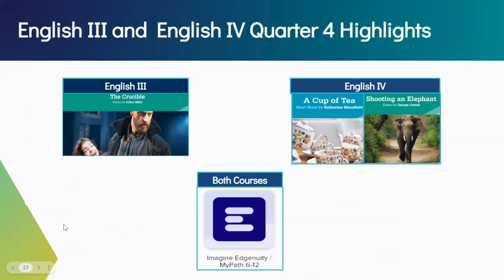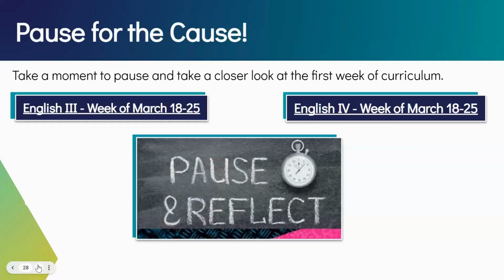And of course, in both courses, the students are expected to work on the Edgenuity modules to help prepare for the TSIA. Again, please feel free to pause the video to take a closer look at the week of March 18th through the 25th for English 3 and or English 4.